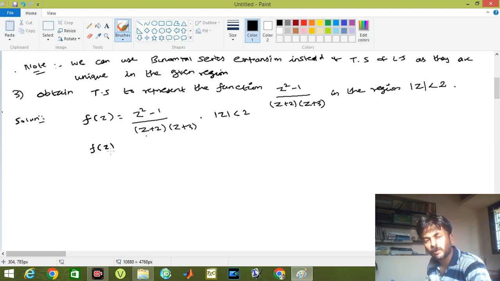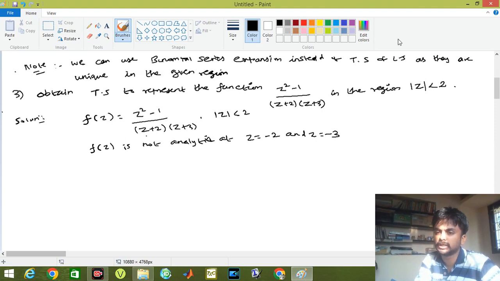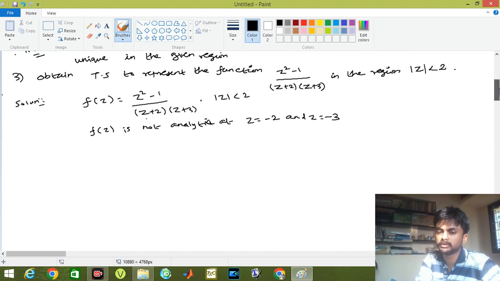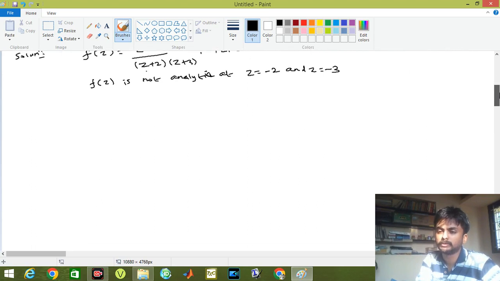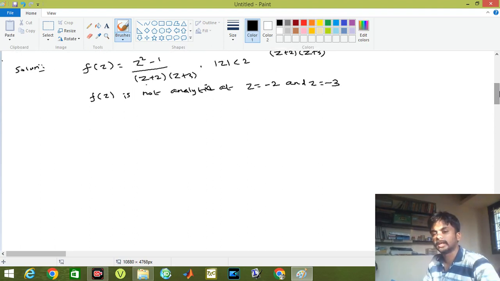So f of z is not analytic at z equal to minus 2 and z equal to minus 3. In such cases we can go for binomial series expansion instead of going for Taylor series and Laurent series expansion, because both will give us the same kind of expansion.